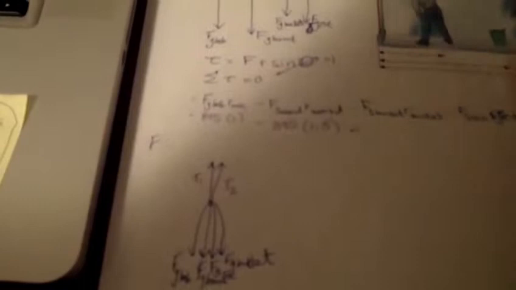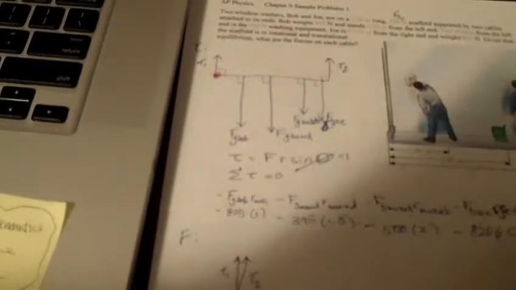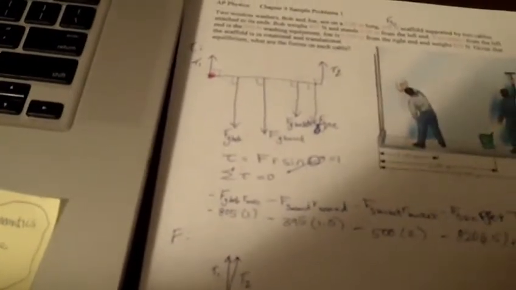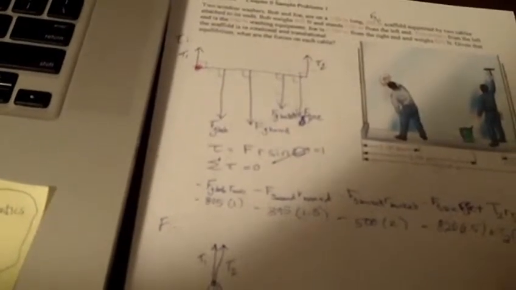How much does the bucket weigh? 500. The radius of the bucket is 2 meters, and Joe is 0.5 meters from the other end, so his radius is 2.5 meters, and it says that he is slightly fatter at 820 newtons, plus T2 times 3 meters. At this point I can find all of these numbers and just solve for T2.